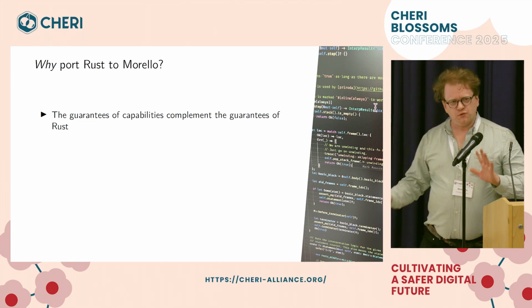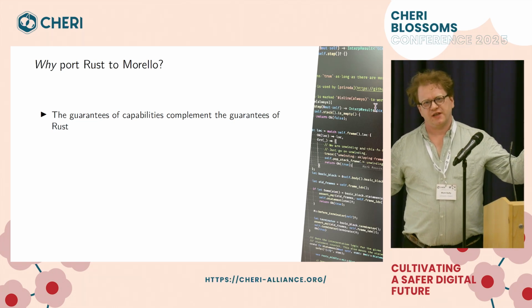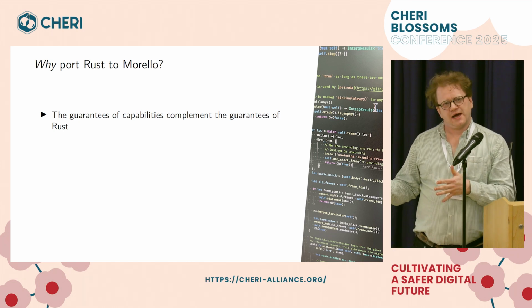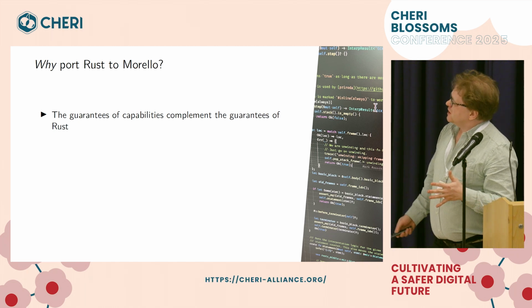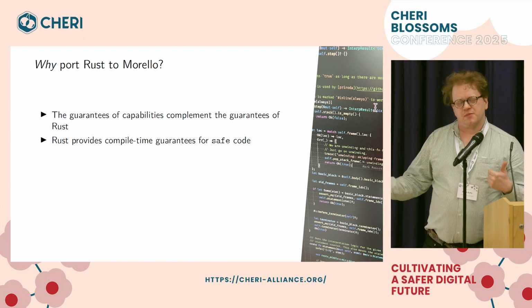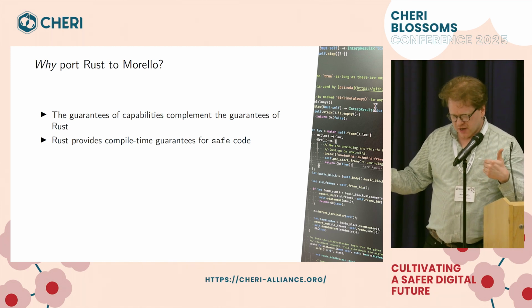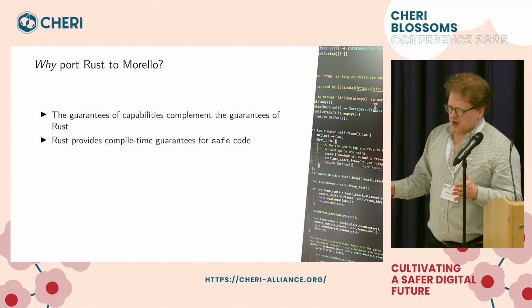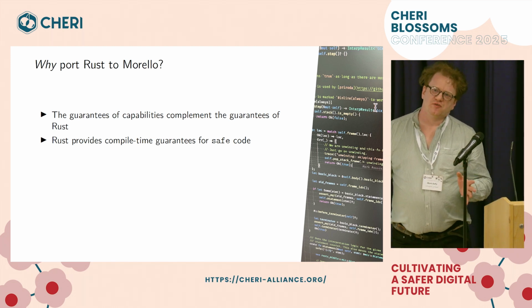So these two sides of the coin, this Rust and Morello, or a Cherry system, they're providing guarantees that look like they overlap. So what's the value here? And for me, Rust compile time guarantees are pretty valuable. I think for the Cherry community, they're extremely valuable because we've got a code base that's built to be memory safe.